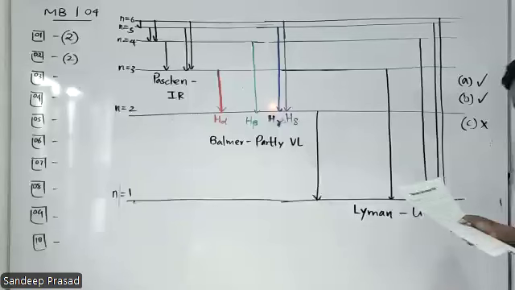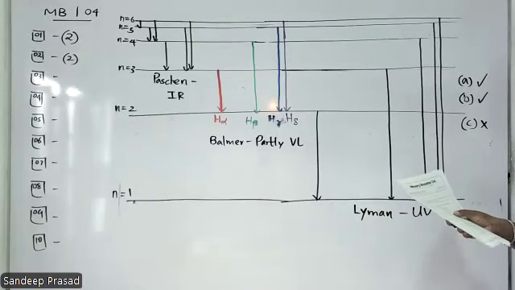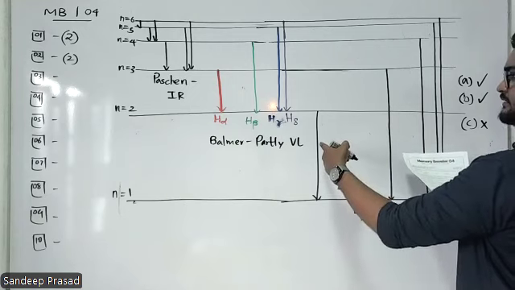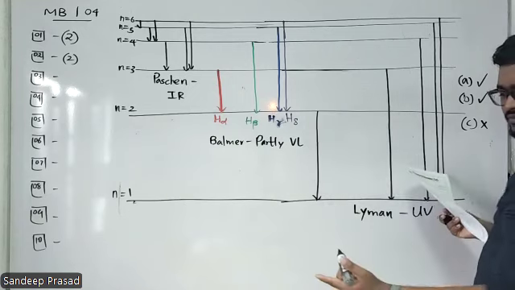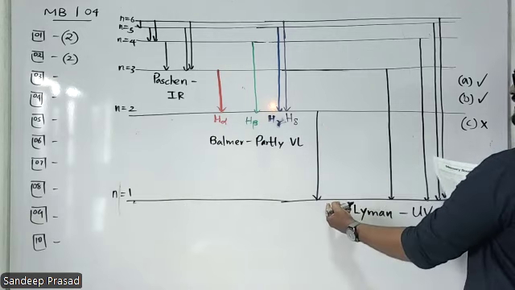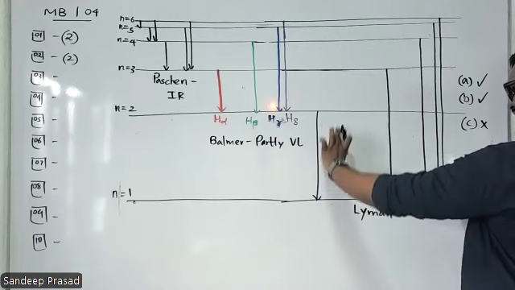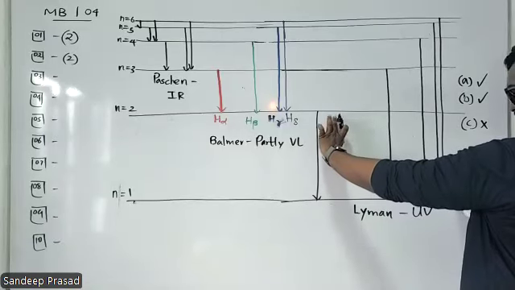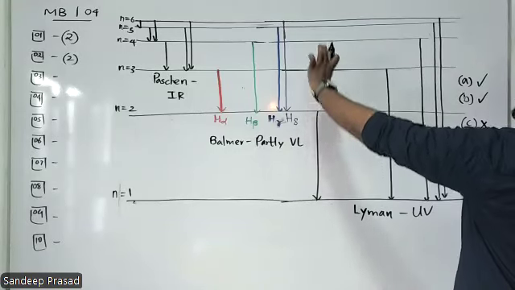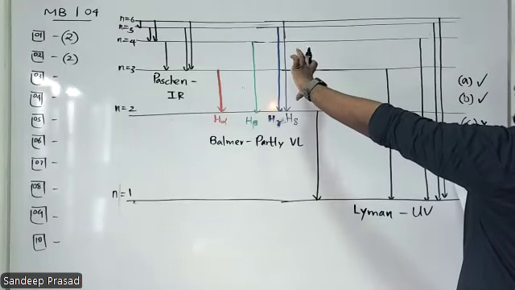D. The energy gap between N equal 2 and N equal 1 is equal to the gap between N equal 3 and N equal 2. It's not correct. As you can see here, the 1 to 2 gap is greater. Even the least energy gap in the Lyman series is greater than the highest gap in the Balmer series.